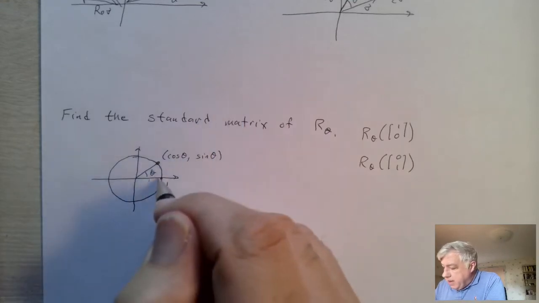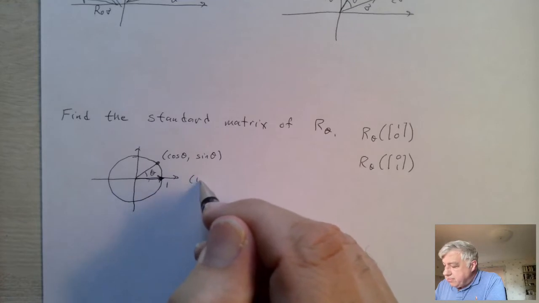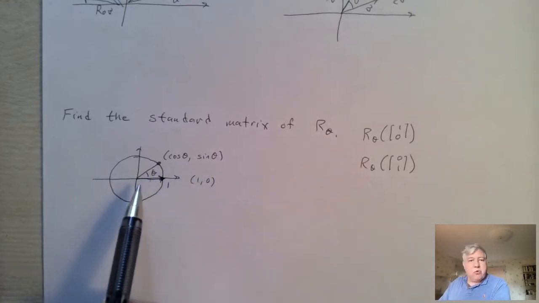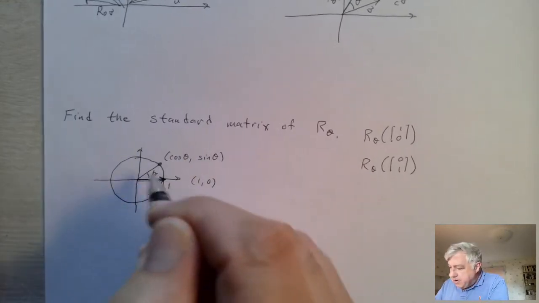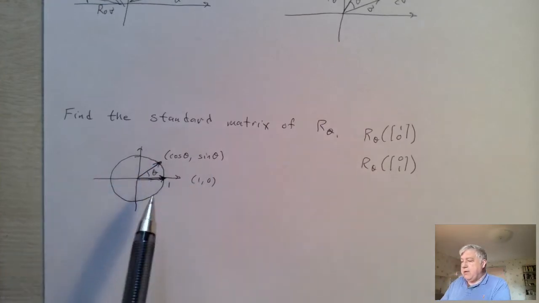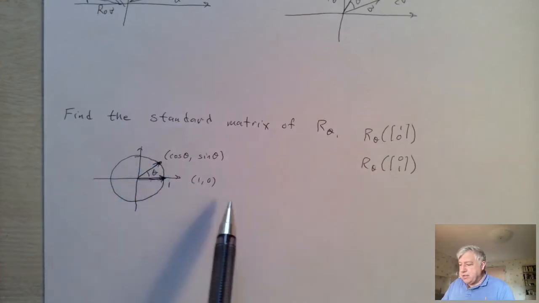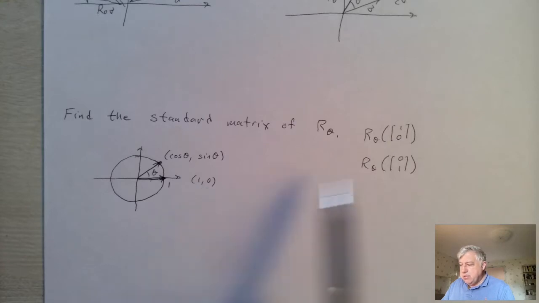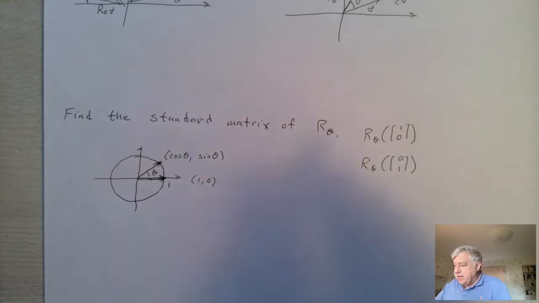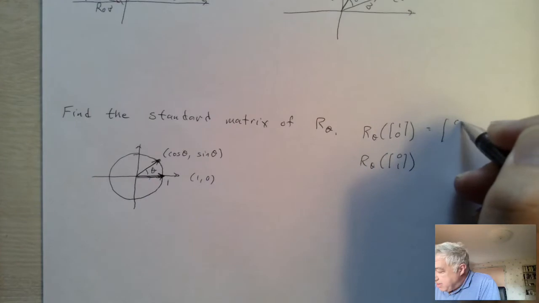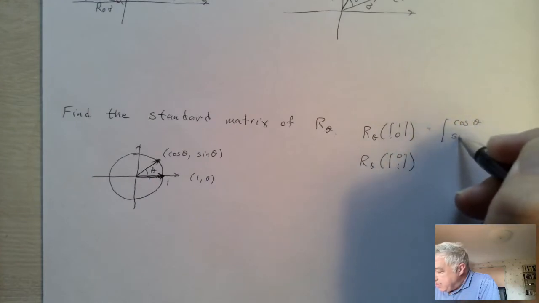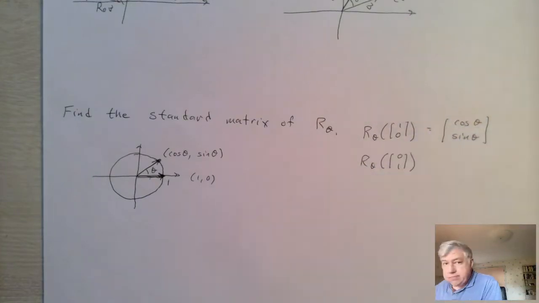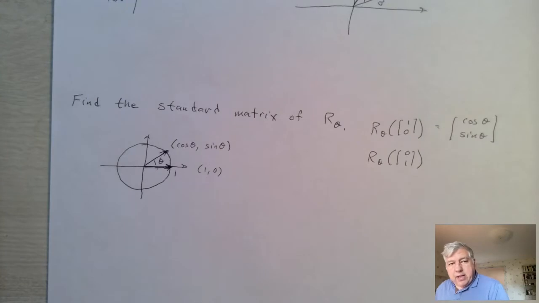Of course, this point right here is (1, 0), and when we rotate it, if the input vector is (1, 0), the output vector is going to be (cosine theta, sine theta).